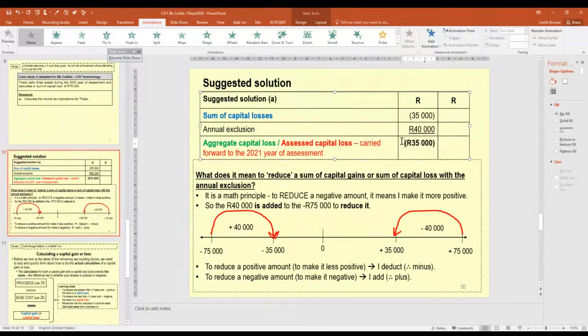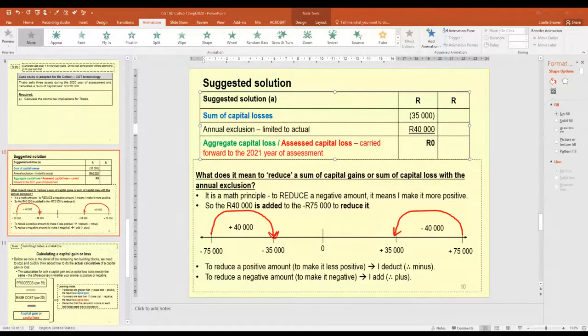You cannot reduce with your annual exclusion to more or less than 0. So your annual exclusion in this case will also be limited to 0. So to answer your question, Ziad, if the sum of capital losses were 35,000, we will limit it to 0. You won't then go into positive 5,000 Rand.